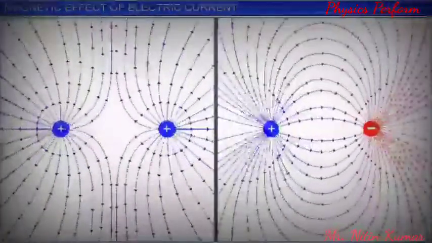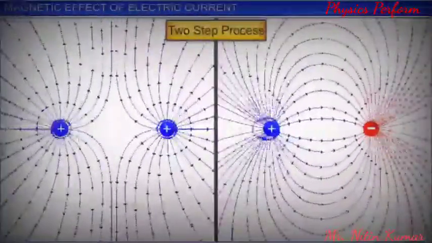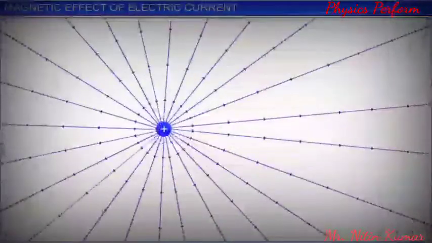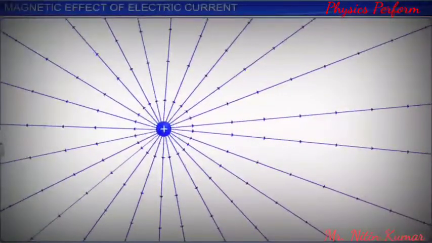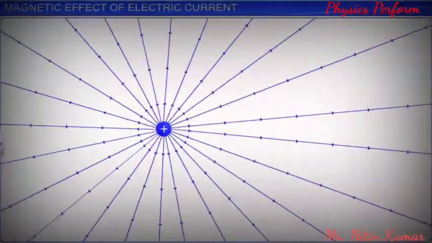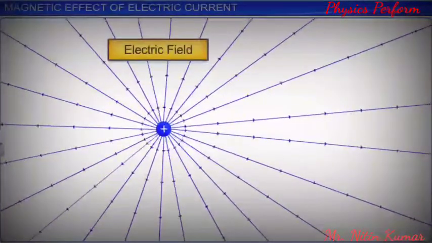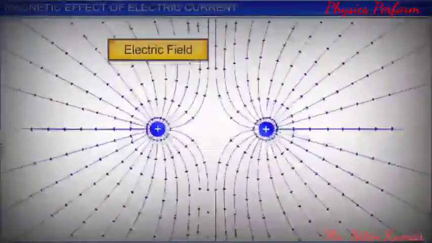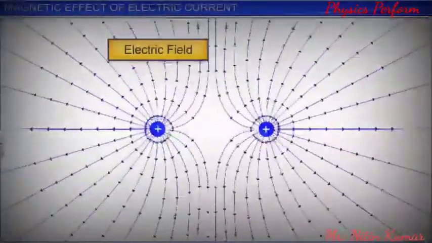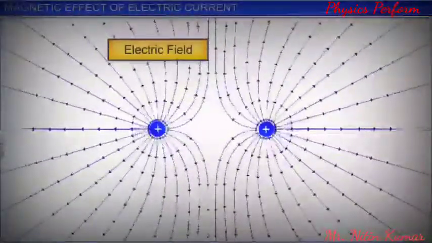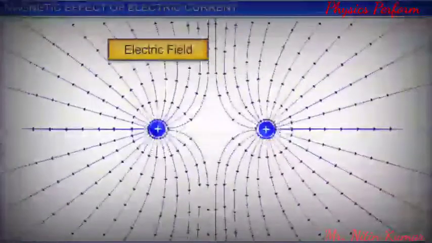This interaction can be seen as a two-step process. First, a charge produces something around it in space called an electric field, and this electric field exerts a force on any charge, except the source charge, placed in it.